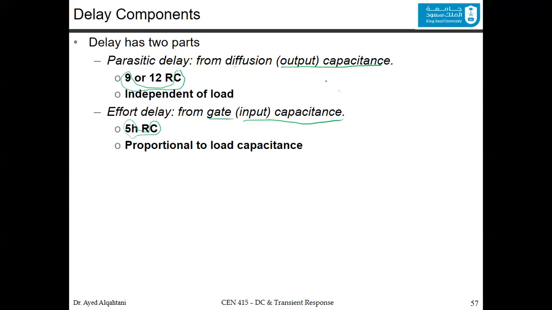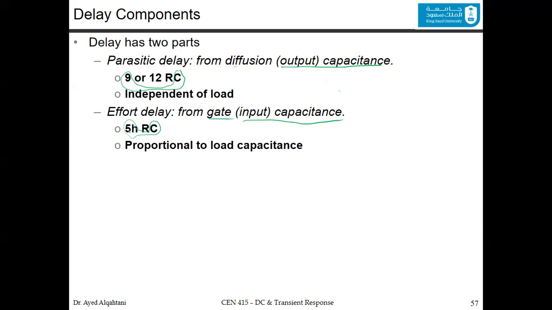Now, again, we could extend this to the delay. So we have the parasitic delay, from the output capacitance, the diffusion capacitance, also called the parasitic capacitance. So we have a parasitic delay indicated by 9RC. It's always independent of the load, like if you have the NAND not connected to anything. And we also have, from the gate or the input capacitance, what we call the effort delay.